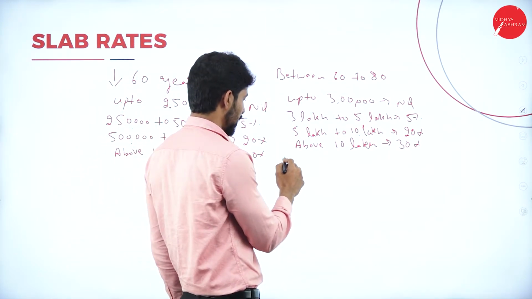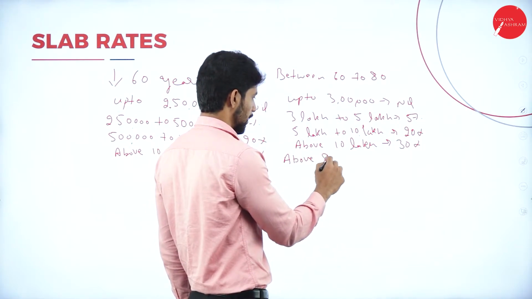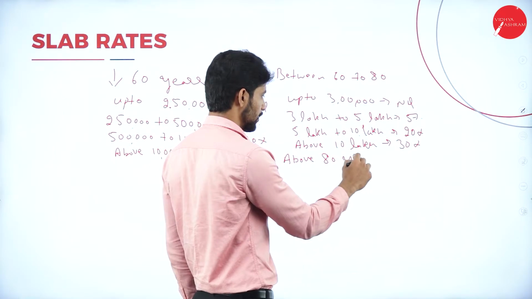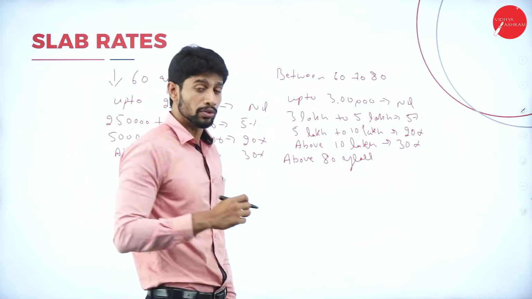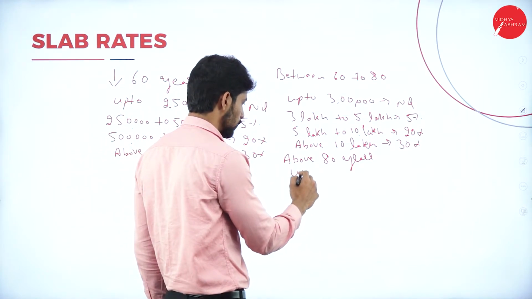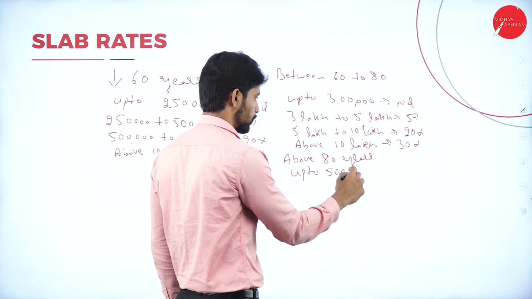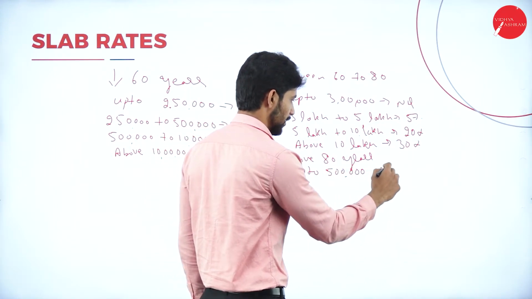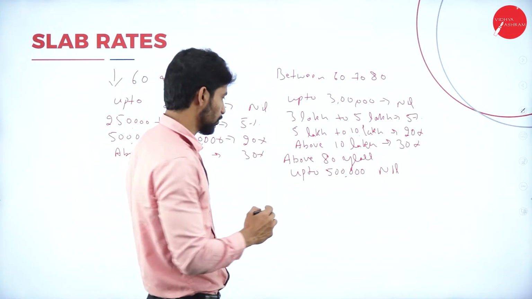And if the age of an assessee is above 80 years, those assessees are called super senior citizens. So up to 5 lakhs, it is nil. Up to 5 lakh, they need not pay tax to the government.